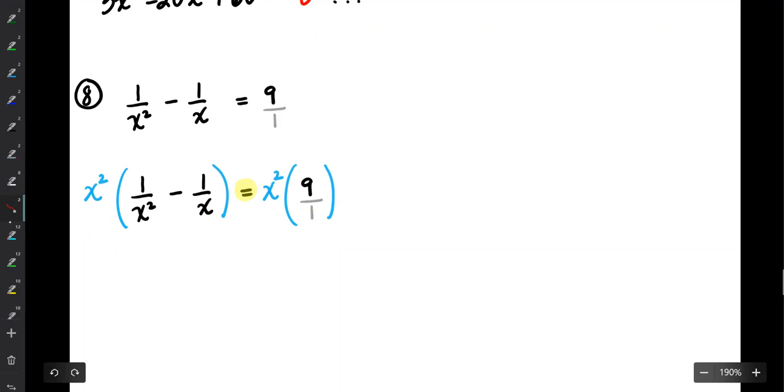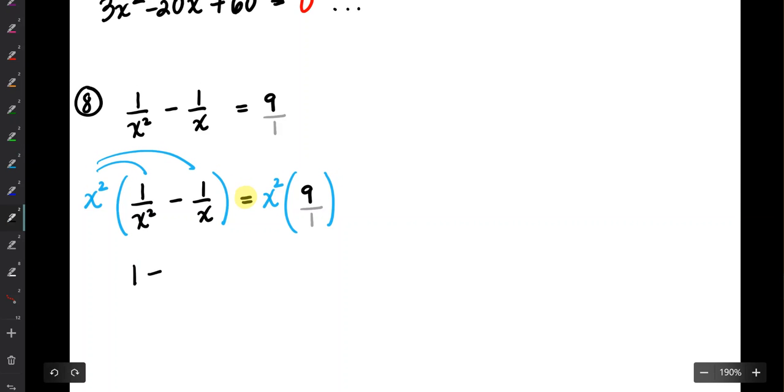Using my distributive property, x squared times 1 over x squared is just 1, minus x squared times 1. In fact, let me not simplify this along the way. What I wrote was not wrong, but I want to write in a little intermediate step. We're multiplying our fractions straight across. x squared times 1 over x squared is x squared over x squared.